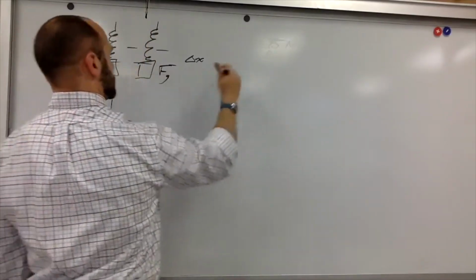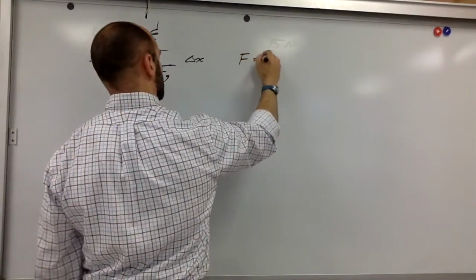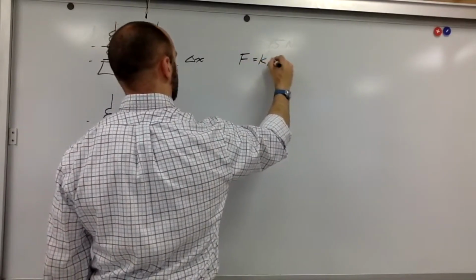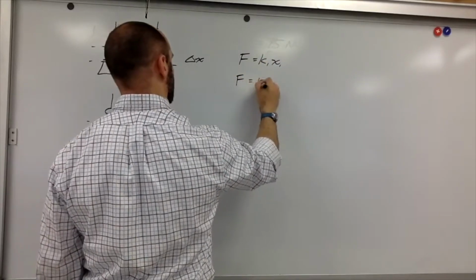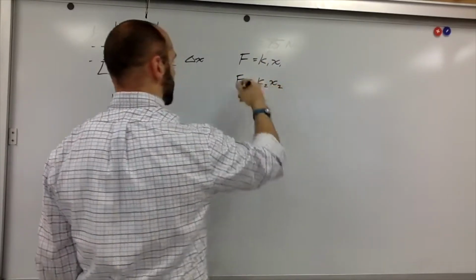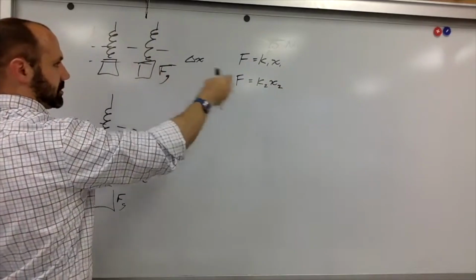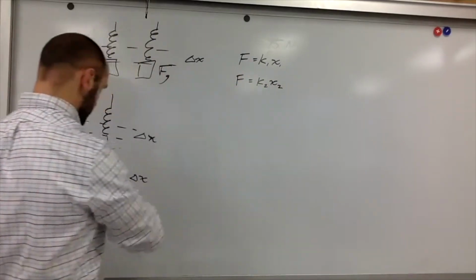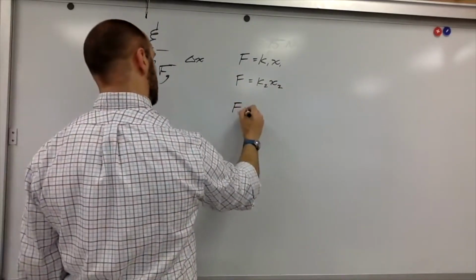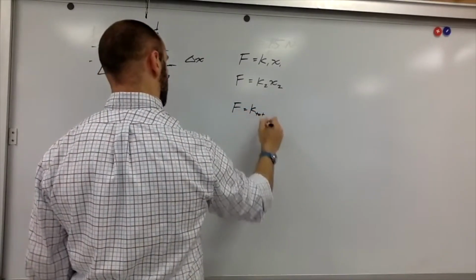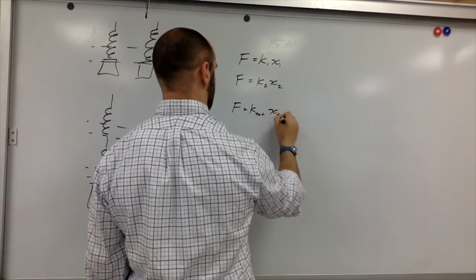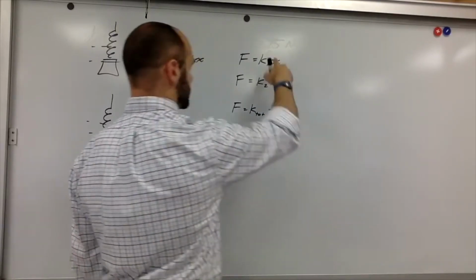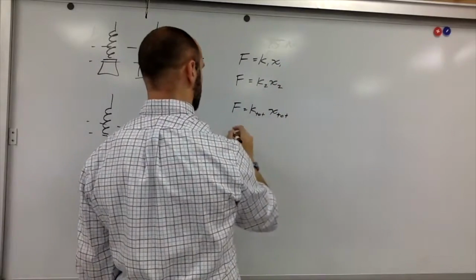So my equation for this one is F equals K1 x1. And then here I've got F equals K2 x2. These might be different springs, so I'm getting different stretches. And then down here, I'm getting F equals K total times X total. And this X total is X1 plus X2, right?